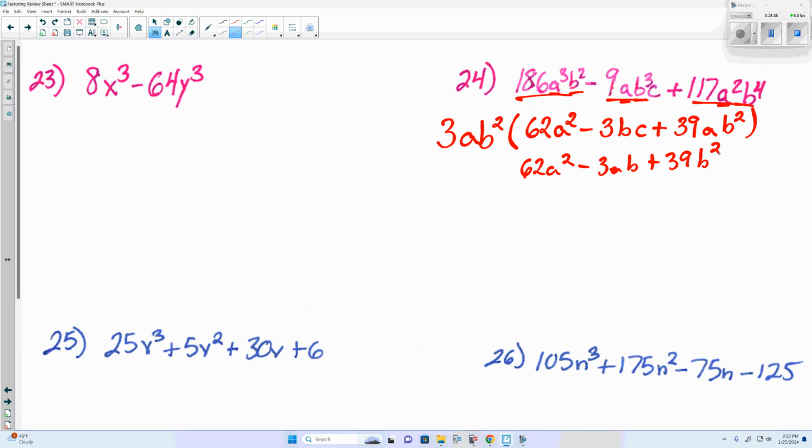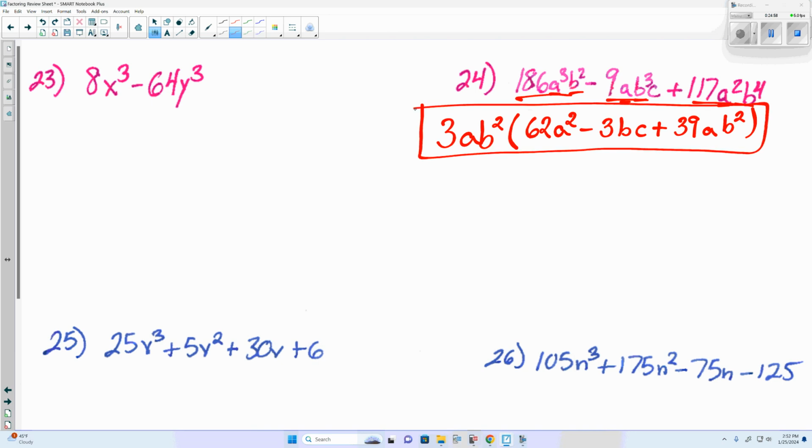Because we have the ab in the middle, there is a way that this could actually work out and factor. But since we don't have that there, and the fact that our third term is ab squared, it's throwing a lot of things in the middle. So this here is as far as we can factor it.